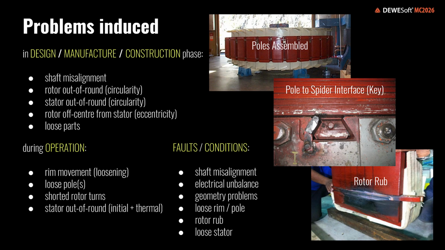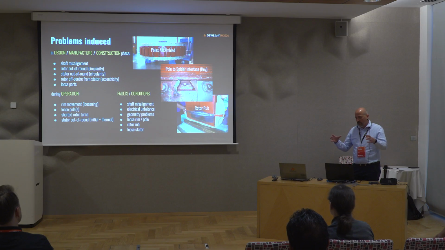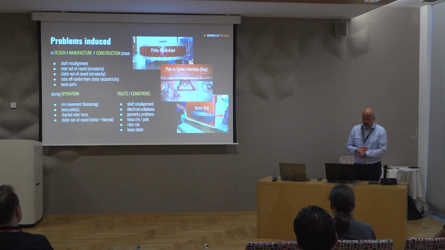So you can introduce problems, of course, in all stages of the unit manufacturing, even in the design phase, but probably mostly in the construction phase. You might make the rotor out of round, or you might make the stator out of round. You might put the rotor somehow offset to the stator, so it's eccentric to the stator, etc. But more importantly, during the operation, there are going to be additional problems like rim movement. The entire rim might be loosening up. You will see a small example of that in the next couple of slides.